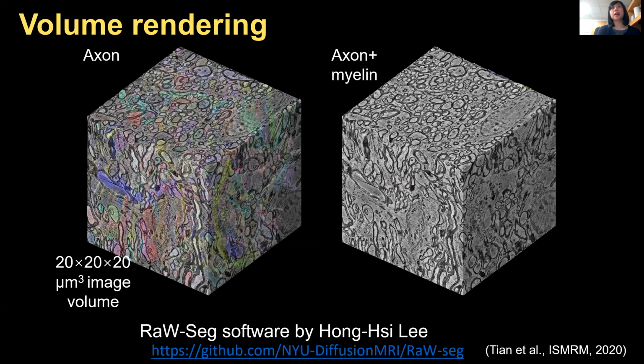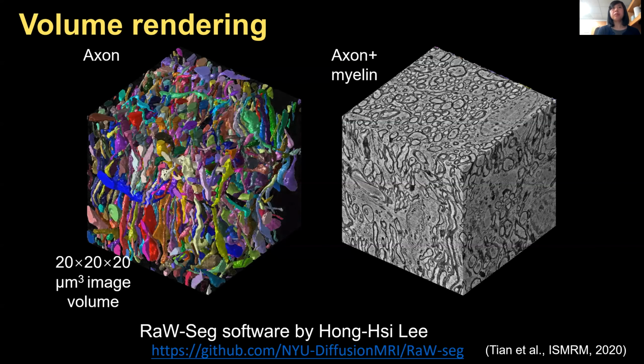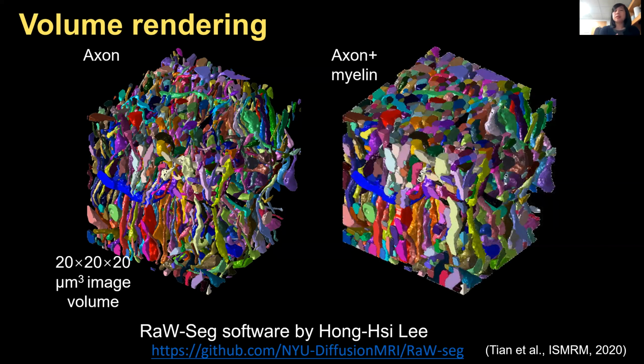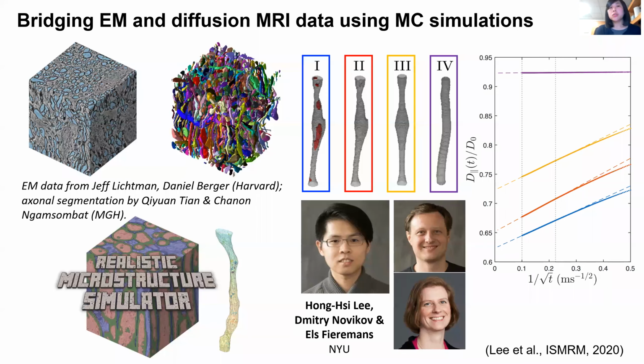And so we can actually get pretty complete morphological segmentation of the axons, as well as the axons plus the myelin, to give us realistic tissue substrates that we can then perform Monte Carlo simulations within to really simulate what the diffusion MRI signal looks like in this really complex agglomeration of axons.